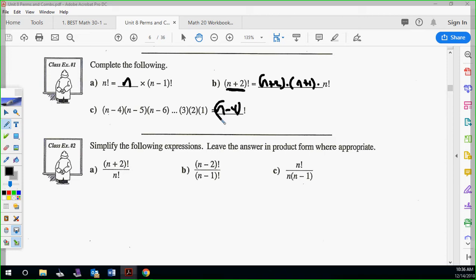Okay. Simplify the following. Leave the answers in product form when appropriate. So we have n plus 2 factorial over n factorial. The way I want you to think about this is simply the same thing as 8 over 6, as an example. Why? Because 8 is 2 more than 6, right? And so 6 is going to cancel off all of them but 2. 8 times 7.